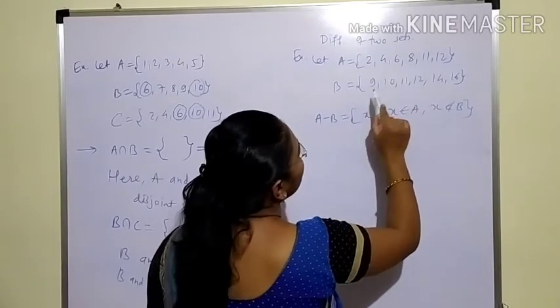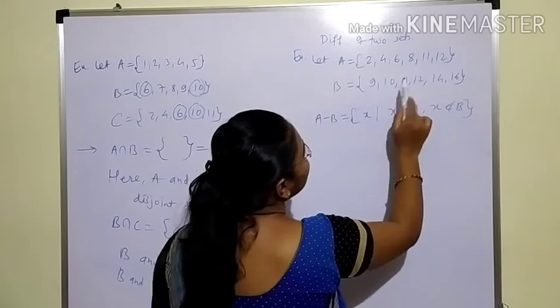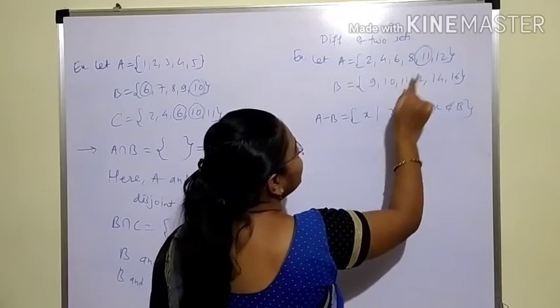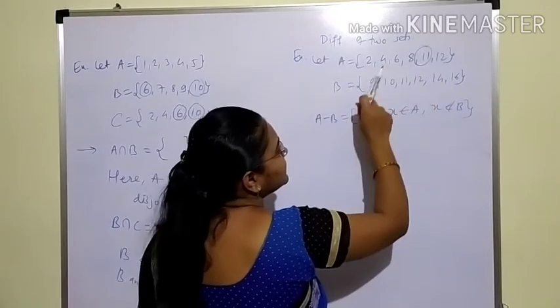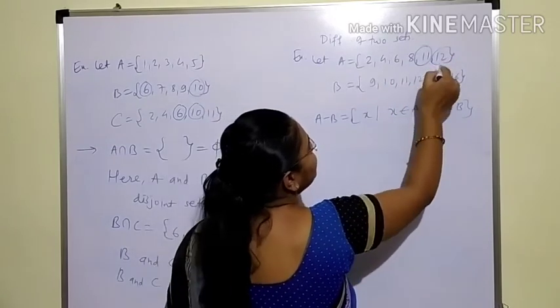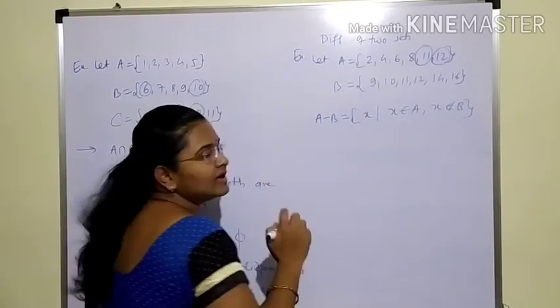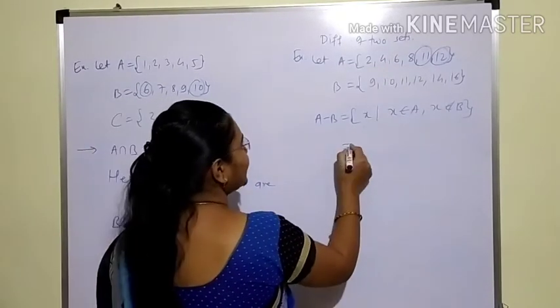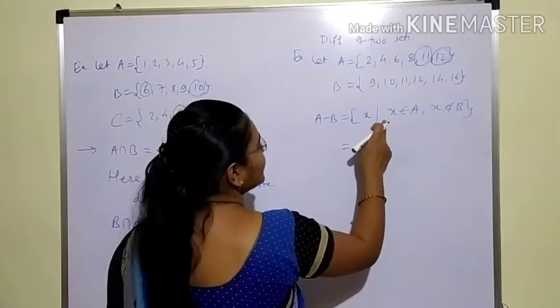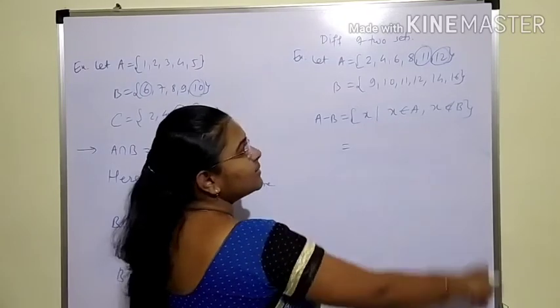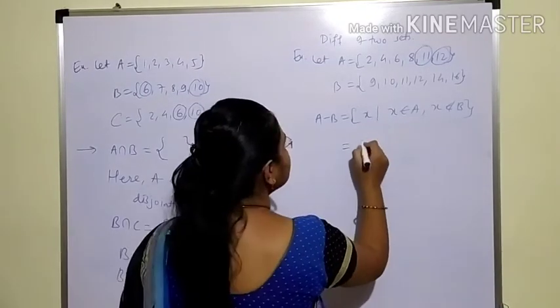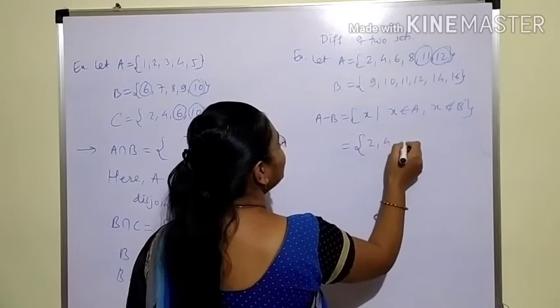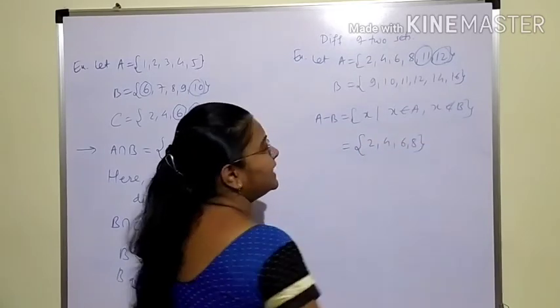Is 9 there? No. Is 10 there? No. Is 11 there? Yes. In set A, the element from B, that is 11, is there. Again 12 is also there. So we'll take out these two elements from set A. So A minus B is a set containing the elements from set A but not from set B. So this set will have elements 2, 4, 6 and 8 only.